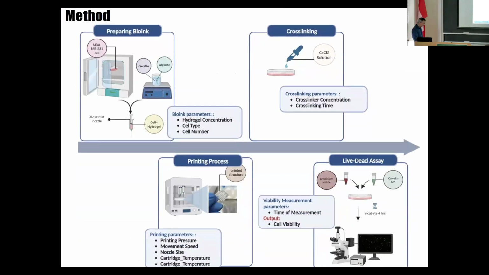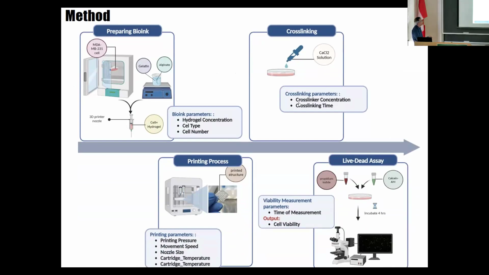So this is the overall picture of what we have done. The biomaterial is gelatin and alginate, and then we use MDA-MB-231 cells. These are triple negative breast cancer cell lines, which are one of the most aggressive ones. At the same time, we put them in a nozzle.